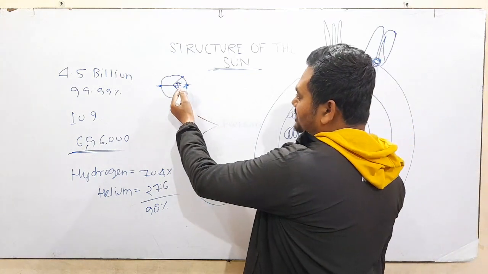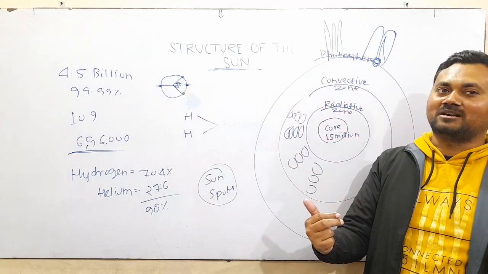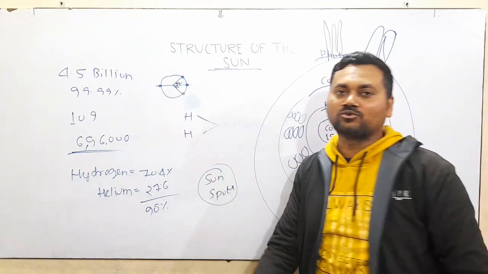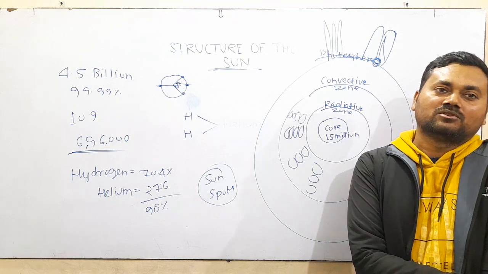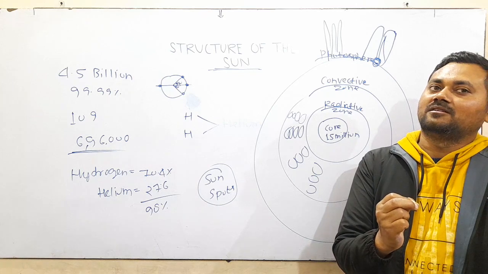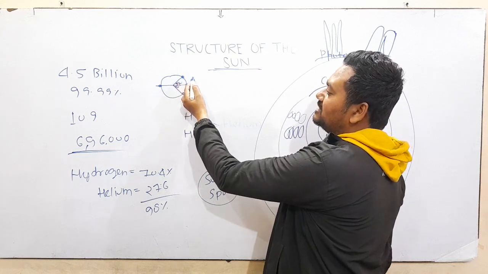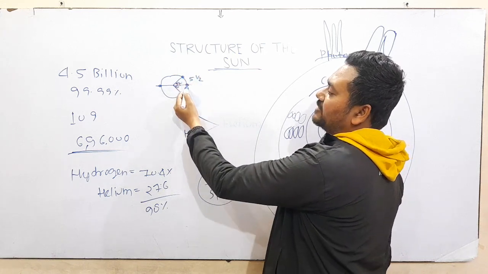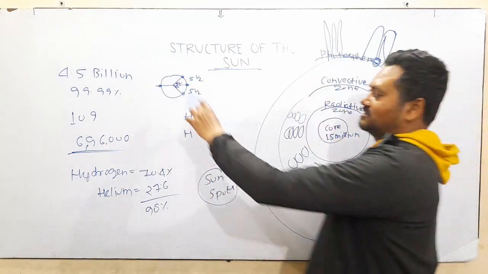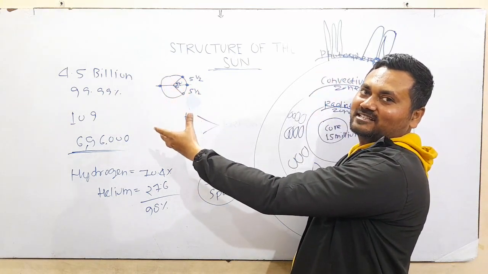So when the solar spot is formed here, we call it solar maxima. And when the sun spots are formed here, we call it solar minima. Solar maxima and solar minima. In order to reach from this point to that point, we need 5.5 years. And from here to here, 5.5 years. This is the sun; it is looking a little small, but you have to understand it is the sun.